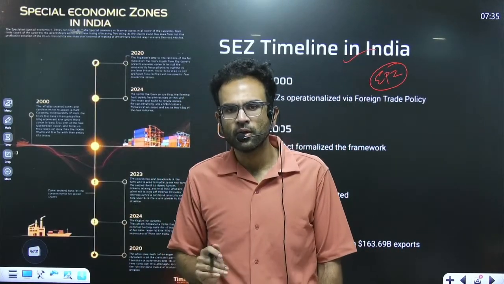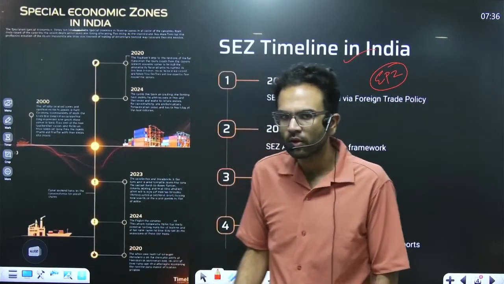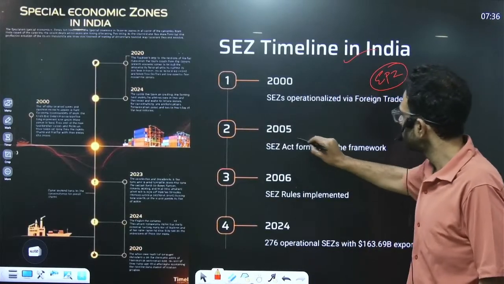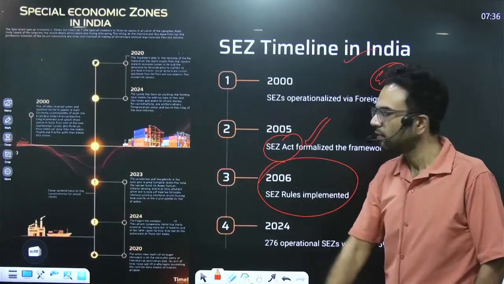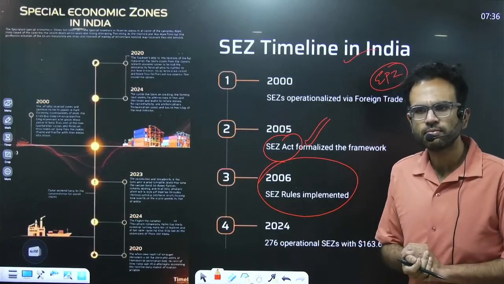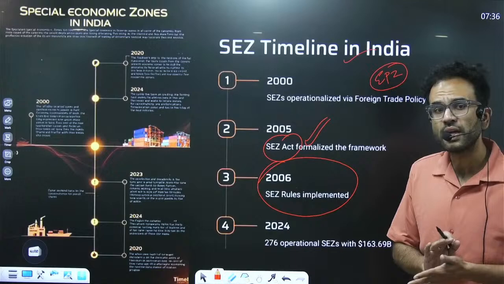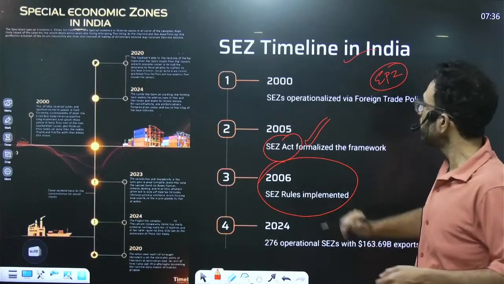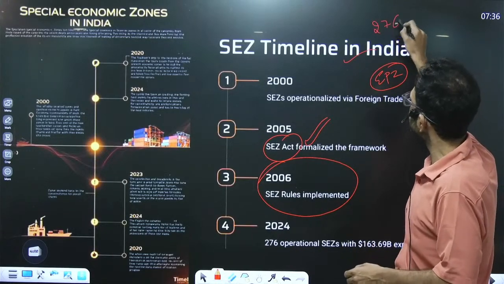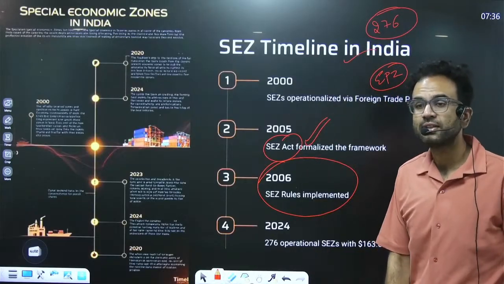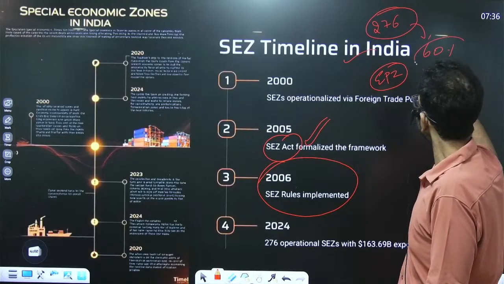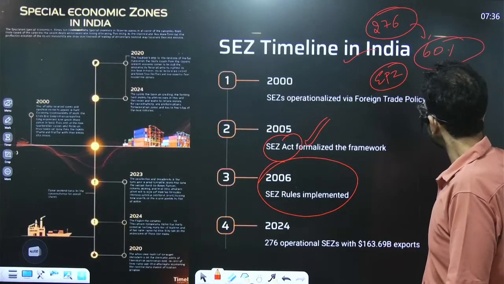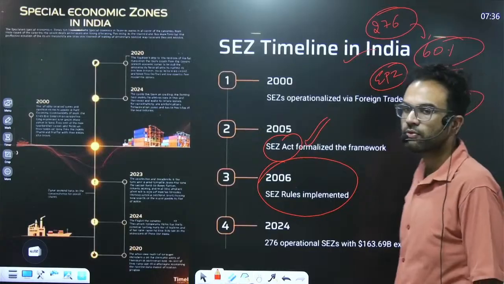So if you take a look at the Special Economic Zone timeline, you will see that the SEZ Act and the rules were almost formalized from 2005-2006, almost 20 years ago. Today we have as many as 276 special economic zones, but the sad reality is only 60% of them are operational, and even the remaining 40% are completely underperforming.